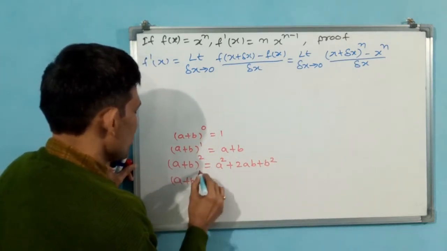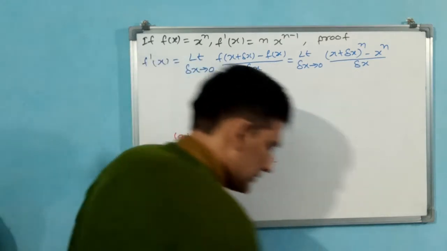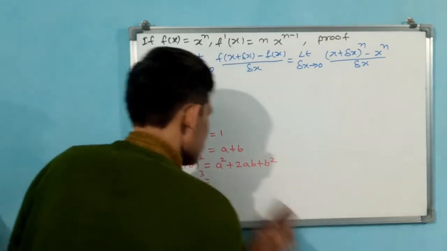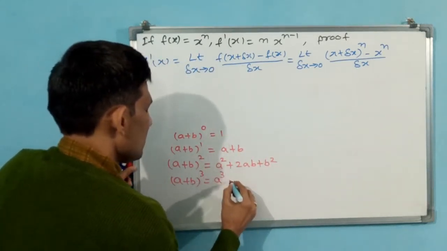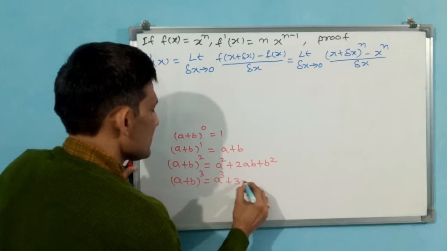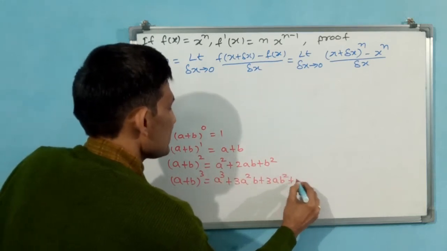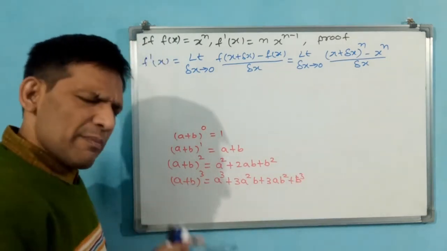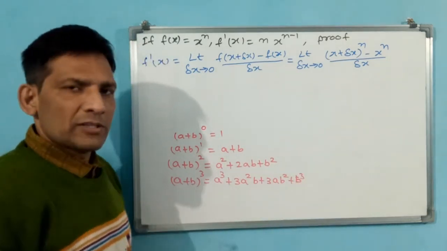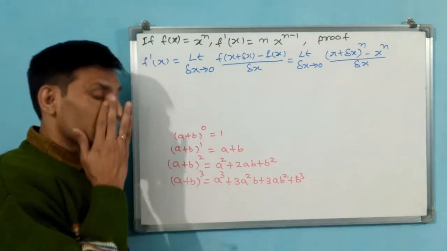A plus b whole cube is equal to a cube first, because we will follow the binomial distribution. A cube plus 3 a square b plus 3 a b square plus b cube. Even a plus b whole power 4 also we can write. But first understand some logic here.